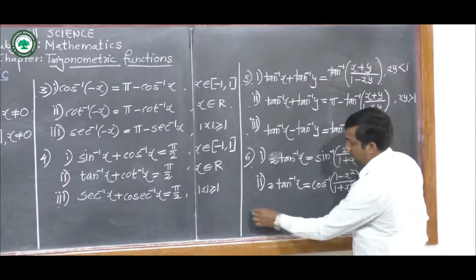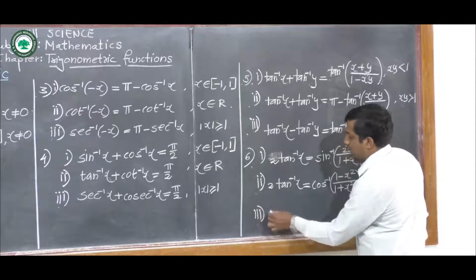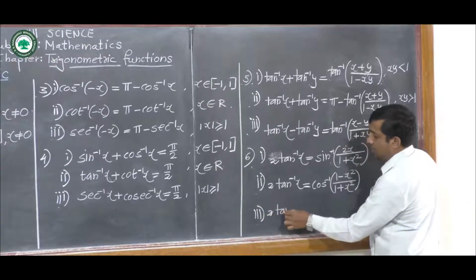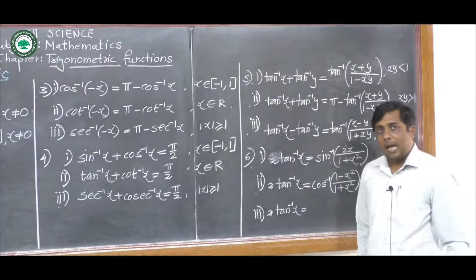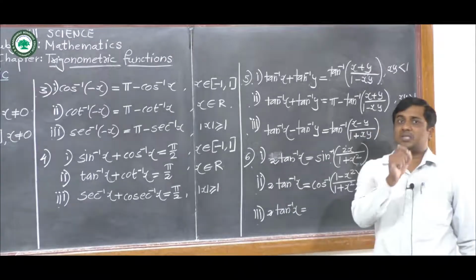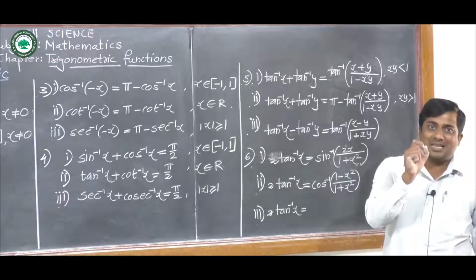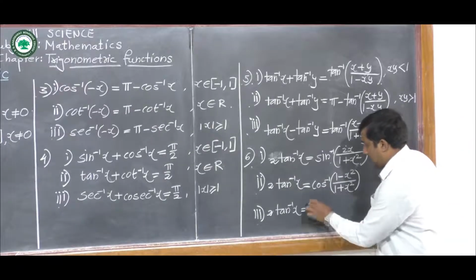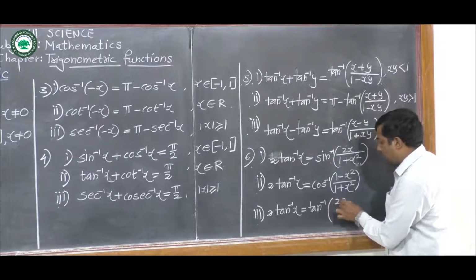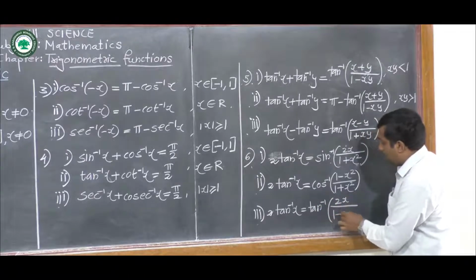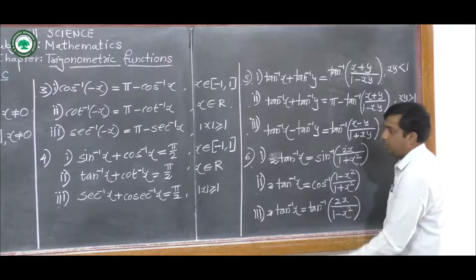And in the third point, we consider 2 into tan inverse of x again, but in this property we use the inverse trigonometric function tan inverse. So tan inverse, inside the bracket, 2x upon 1 minus x square.